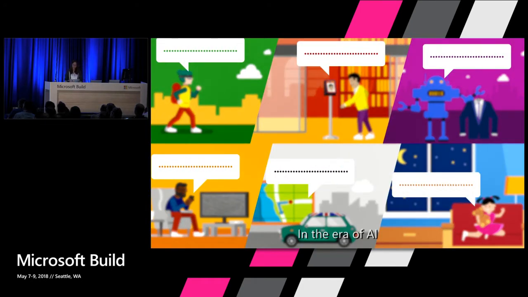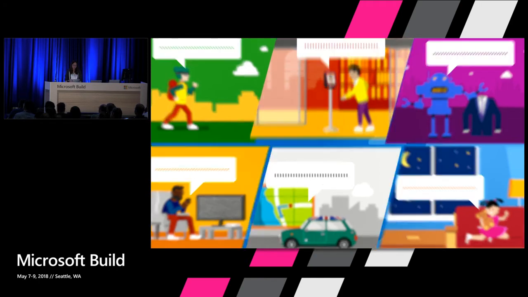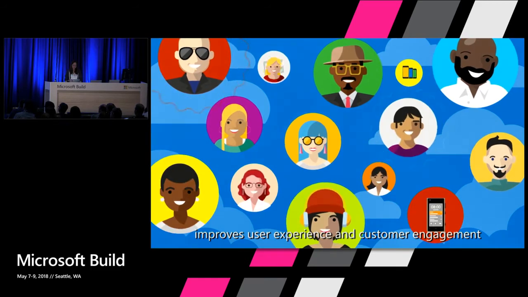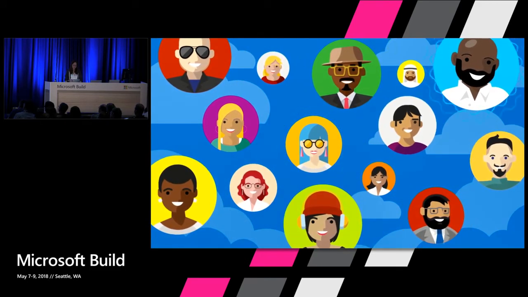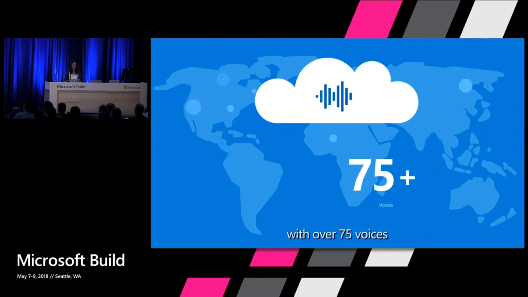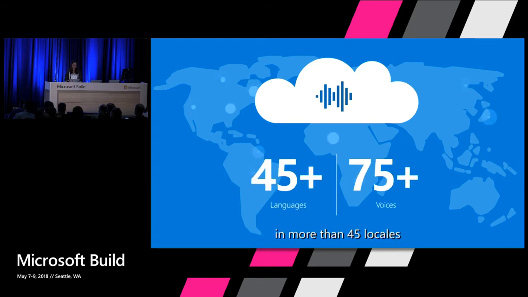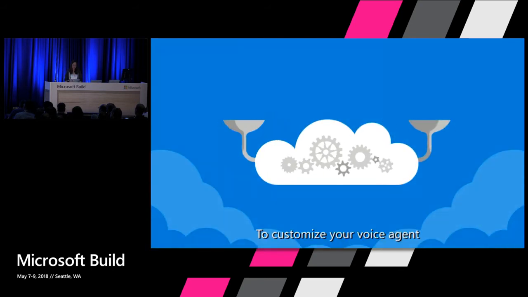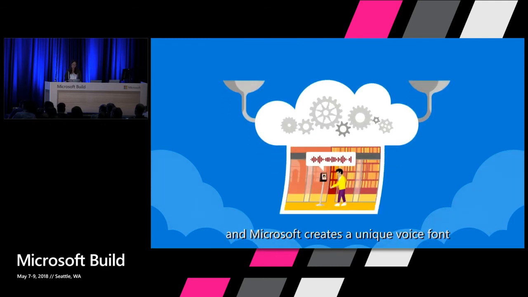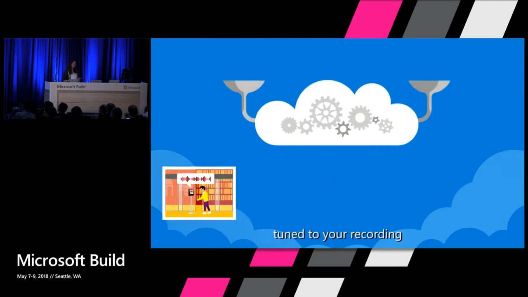In the era of AI, your voice is your brand. A natural and unique voice improves user experience and customer engagement. Microsoft Text-to-Speech service enables your application to talk with over 75 voices in more than 45 locales. Using the new custom voice models, you can further create a one-of-a-kind, recognizable brand voice. To customize your voice agent, simply record and upload training data, and Microsoft creates a unique voice font tuned to your recording.